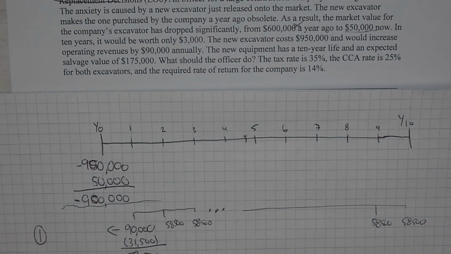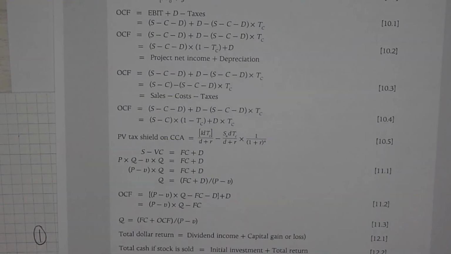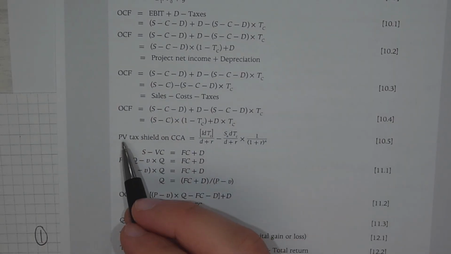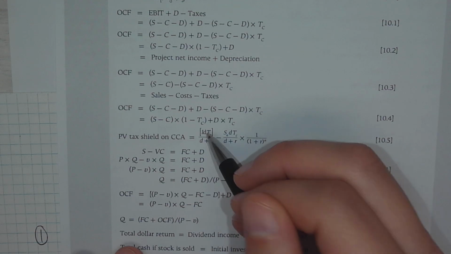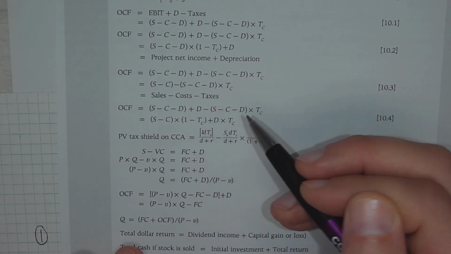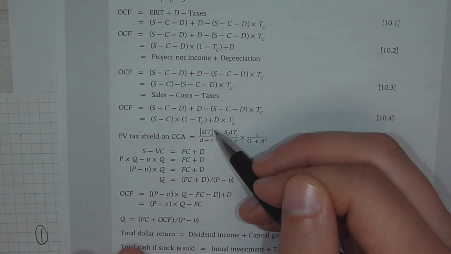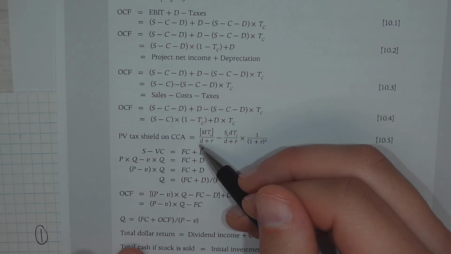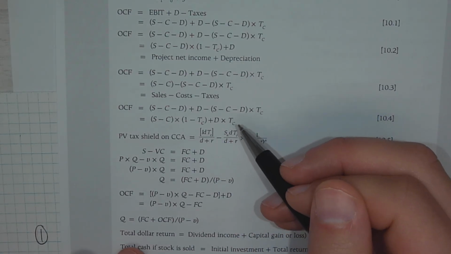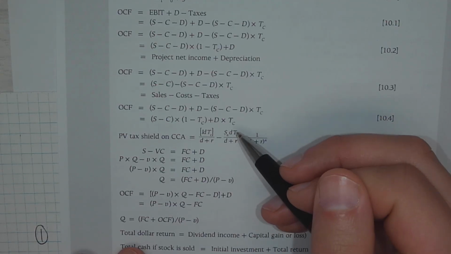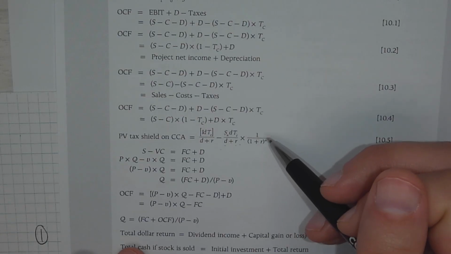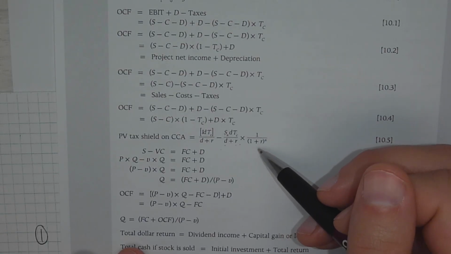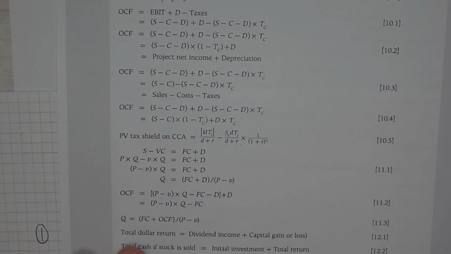But it's hard to calculate the annuity like that, so we're going to use a formula. That formula is the present value of the tax shield on CCA. This is the initial price times depreciation, D, times tax, divided by depreciation plus required rate of return. Here is salvage value times depreciation times tax divided by depreciation plus rate of return, times 1 over 1 plus rate of return to the power of n. So we have 10 years.